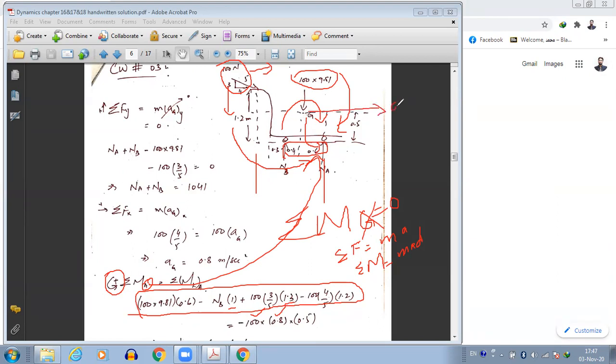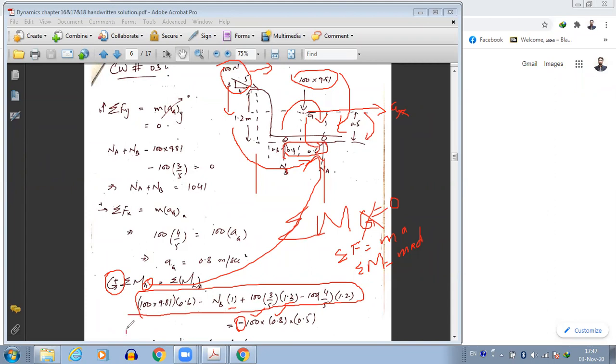So the acceleration will be in the x direction, at the center of gravity. This acceleration will have a moment arm at A, and the moment will be acting in the negative direction. So that's why we have a negative sign here: 100 into 0.8 into 0.5.